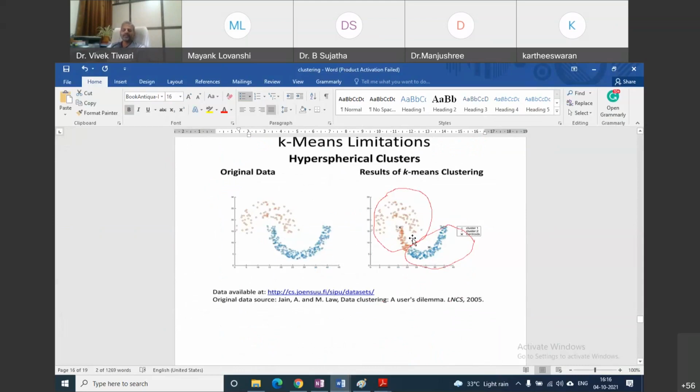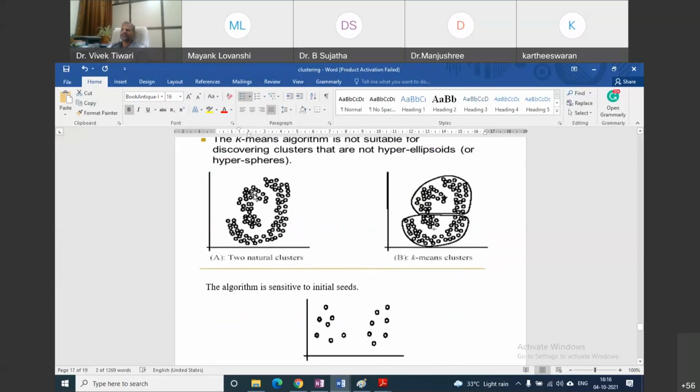But if you apply k-means clustering, it will create this kind of cluster, which is totally wrong. If you have this type of complex boundary, you should not apply k-means clustering. You should go with DBSCAN or distance-based clustering.